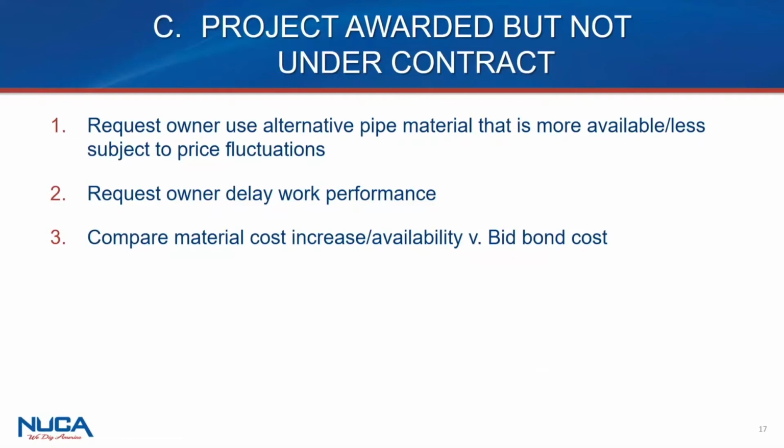One thing you might want to evaluate is, okay, if the cost increase is potentially so large, you might want to examine the cost of not signing the contract. Certainly the owner would have the right to make a claim under your bid bond if you're the general, but again, you might have to evaluate what is a more cost-effective way to proceed rather than proceeding with the contract and having potentially to bear a huge amount of dollars that aren't included in your bid. That's going to be the basis of your contract with the owner.